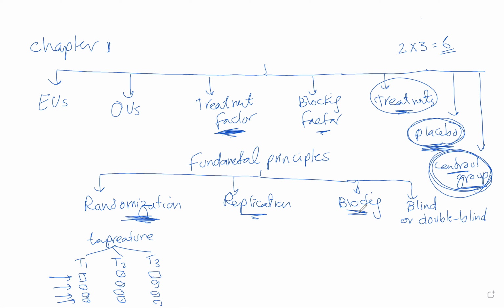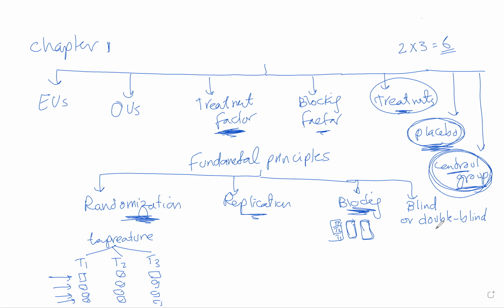So within each block, we are going to randomly assign all the treatments, like T1, T2, T3, like in chapter 4, but chapter 4 will not be covered in the exam. But we should be familiar with the idea of blocking only for exam 1.